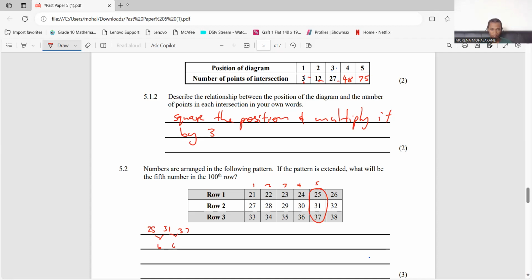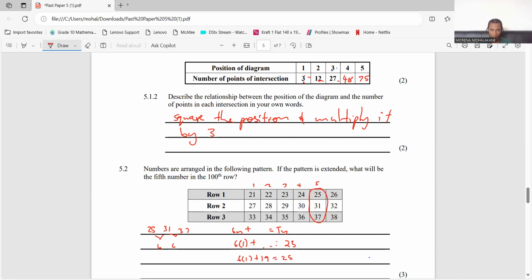So I need to multiply by 6n, right? And then I have to add something. I don't know, right? Let's say the first one, that's tn, right? So let's take the first one. 6 times 1, the position, plus something has to give me 25. So I need to add 19 for me to get 25.